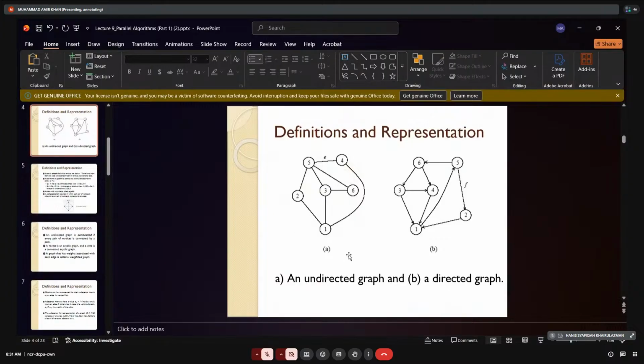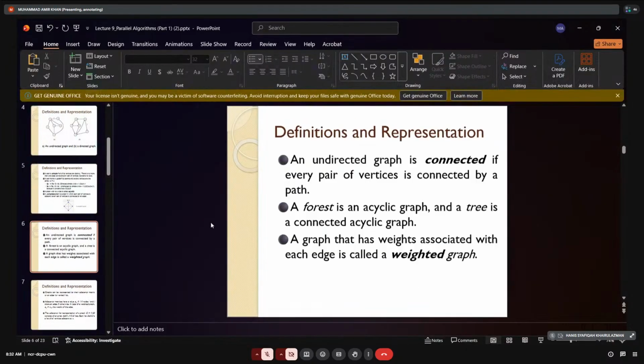We call it weight. Weight is a number, or we can say weight is a cost. The cost of traveling from 1 to 3, from 3 to 5, from 5 to 2, from 2 to 1, we call weight.